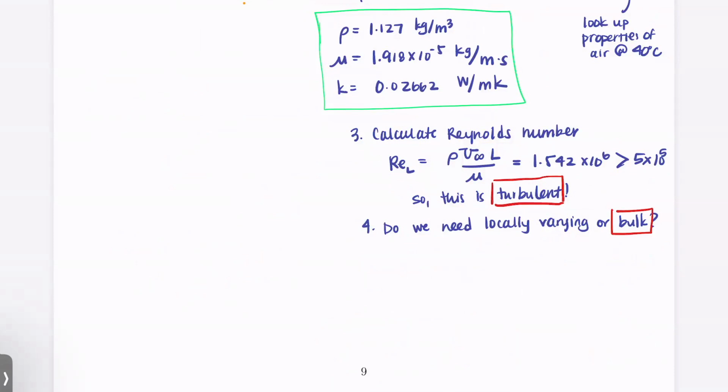We already found the Reynolds number, but we still need our Prandtl number. So if you recall, Prandtl number is nu over alpha. Nu is just mu divided by rho. So we have properties at our disposal. And then alpha is k divided by rho times Cp. Cp is also a material property.